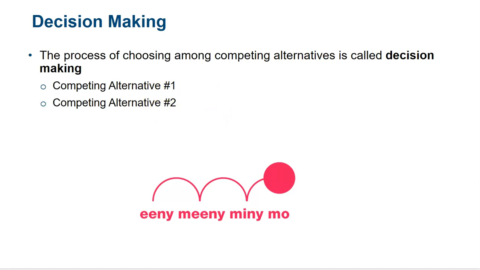So how do we go about making the decision on which one of those to do? Which one of these competing alternatives best matches our overall plan, our goal? Which one of these competing alternatives is going to be the easiest to control and see things through from beginning to end?